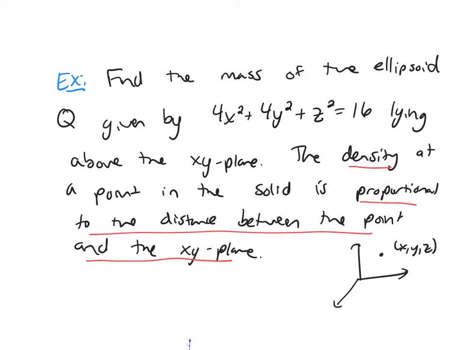Well, you go straight vertically down to the xy plane, and that distance is given by the z coordinate. So in the end, our density function, rho of r, theta, z, is k times z, where k is a constant.